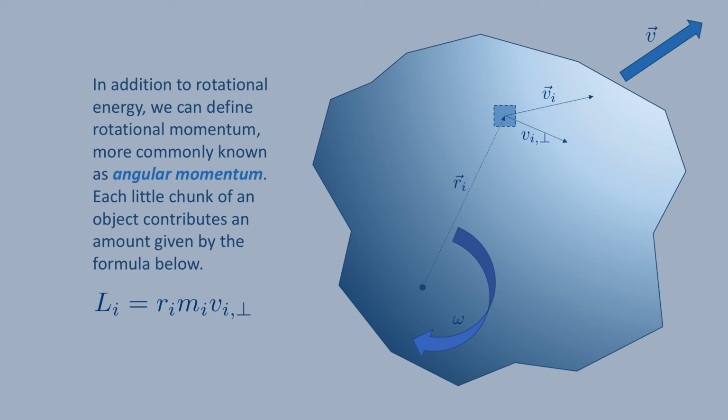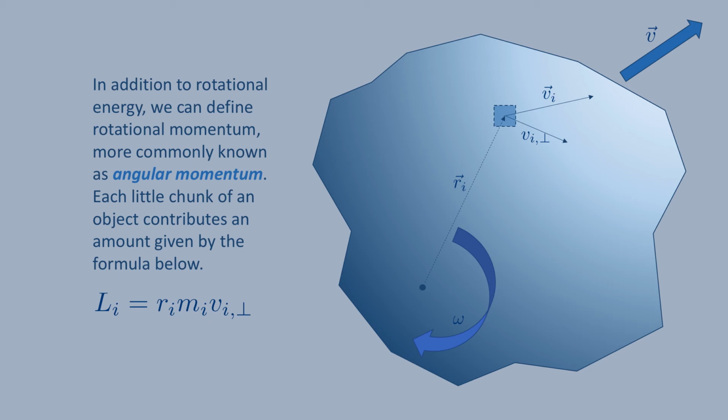So the next thing I want to talk about is a related idea to rotational energy, and that is rotational momentum. Just like we have momentum for linear motion, for translational motion, we can have rotational momentum, or angular momentum, when something is rotating.